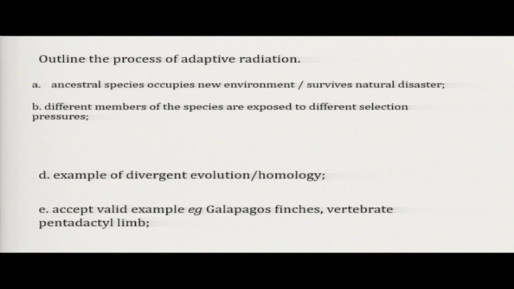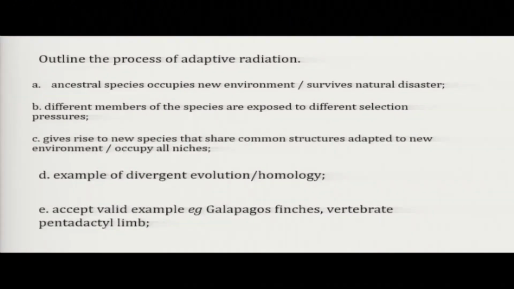One succumbs to a certain pressure than the other, all differently. Giving rise to new species that share common structures and adapted to new environments. Examples, we have homology, homologous structures, and also analogous, which does not come up.